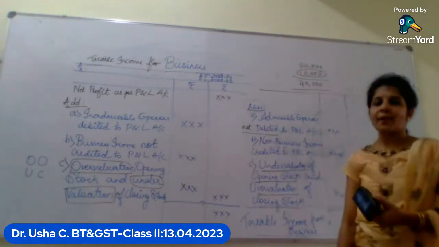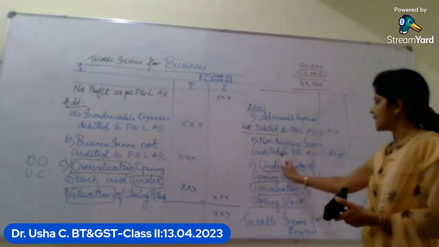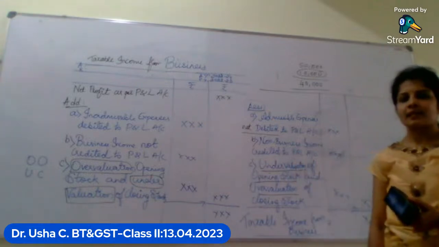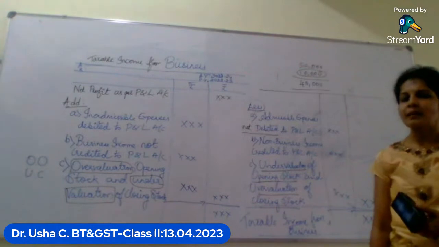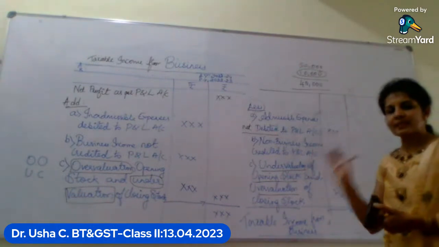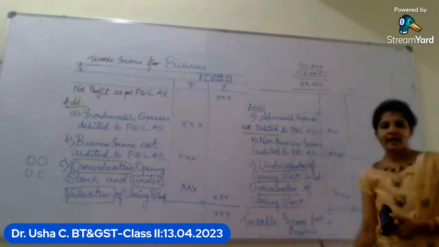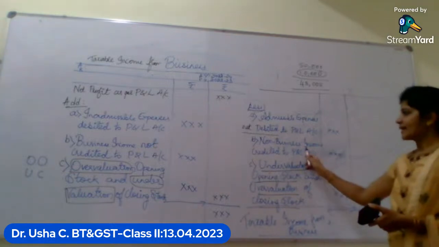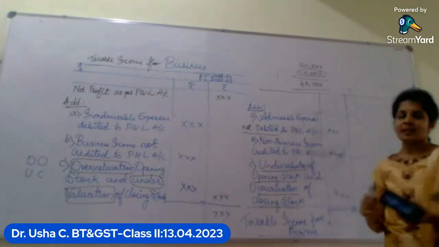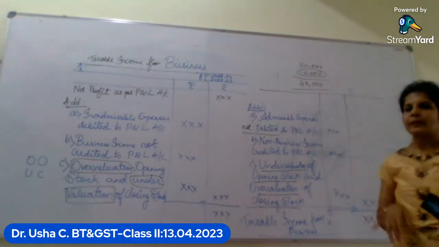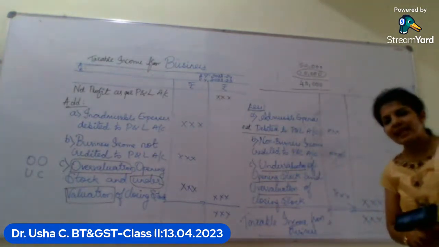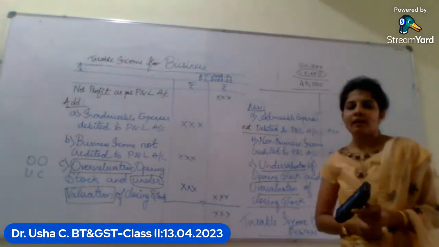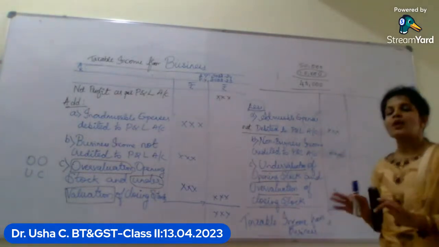Next, second point is non-business income credited to profit and loss account. Business income means whatever income is closely related to the business. But any non-business income, suppose any income from house property or any profit on sale of capital assets or any casual income like winnings from lottery, is not a business income.